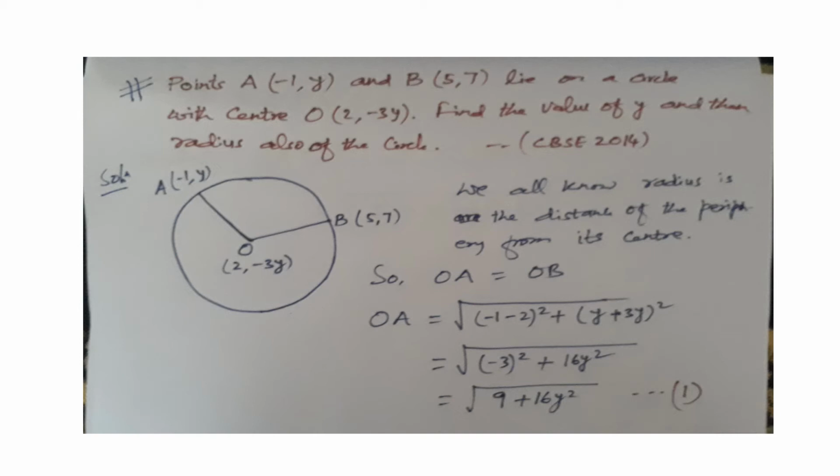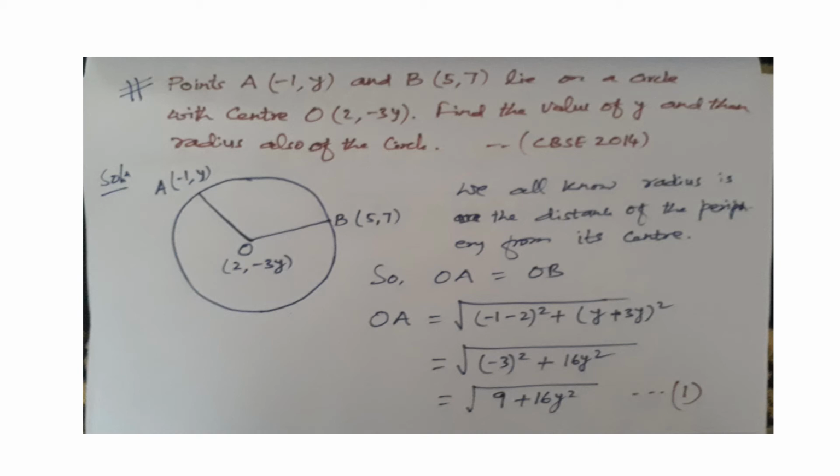You know the radii OA and OB will be equal because both points are on the periphery. The distance from the periphery to the center is the radius. So OA is equal to OB; we know this already from primary knowledge. So OA is the distance between 2 points, where x1, y1 is (minus 1, y) and x2, y2 is (2, minus 3y).